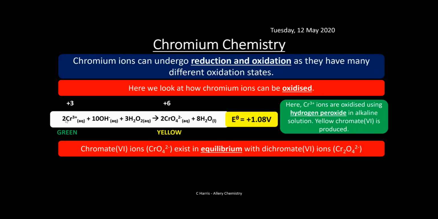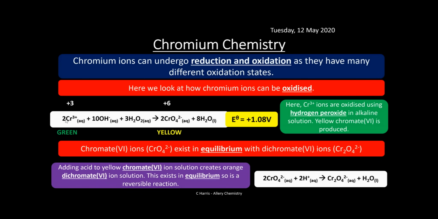And your chromate ions, this is very important because these have both got the same oxidation number of +6, remember? So chromate(VI) ions, CrO4 2-, exist in equilibrium with dichromate(VI) ions, which is Cr2O7 2-. So there's an equilibrium between the two. So if we add acid to the yellow chromate ion solution, this creates the orange dichromate solution.